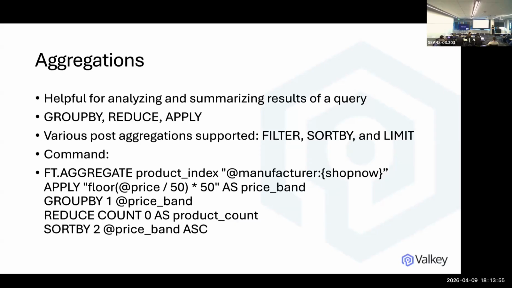And aggregations is another quick thing that I can just explain as one of the features that was added in 1.1, but you can use this for analyzing the search results. So I can take the same query string that I would use in FT.SEARCH, but then with the results I get, I can perform a lot of operations. Like I can group the results, I can sort them by certain attributes, I can also filter.